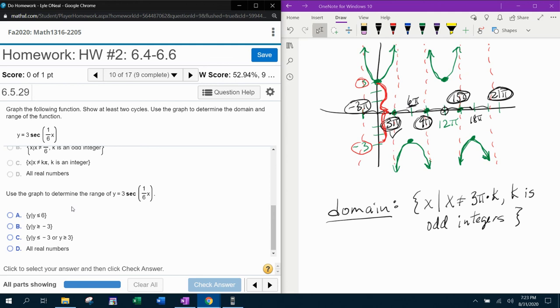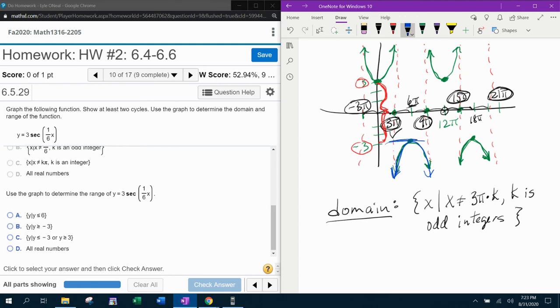And the domain. Notice that the range. The range are going to be the values that y can be. And if you look at these humps, you're going to notice that the bottom humps go down forever, and the highest they can ever be is -3.